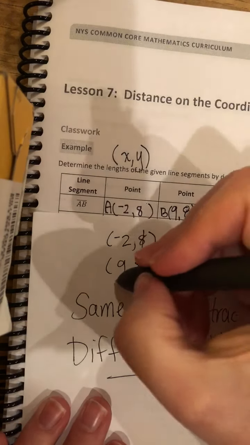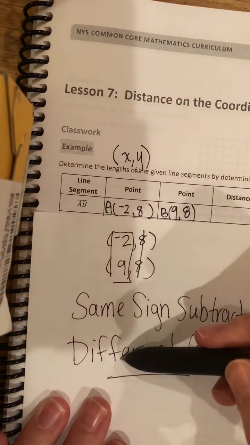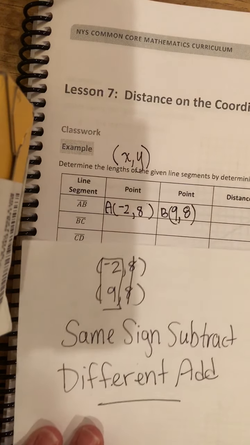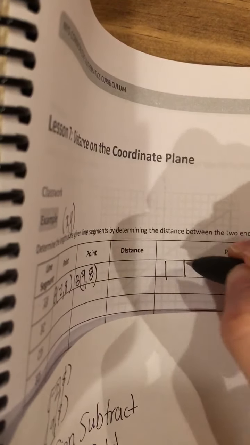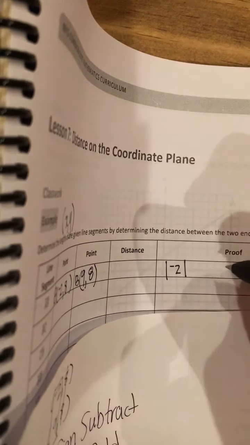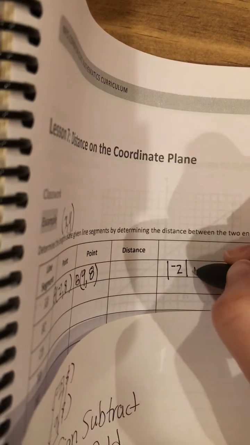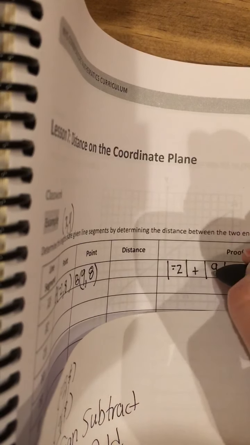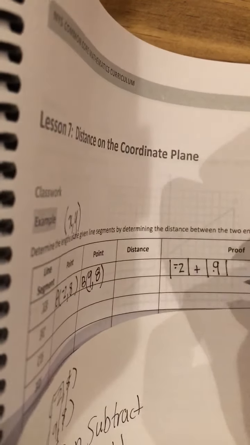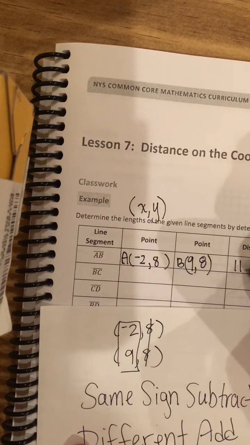So these have different signs, so I'm going to add them. So the proof is going to be the absolute value of -2, which is +2, different add, plus the absolute value of 9. 9 plus 2, there's my proof with absolute value, and the distance is 11 units.